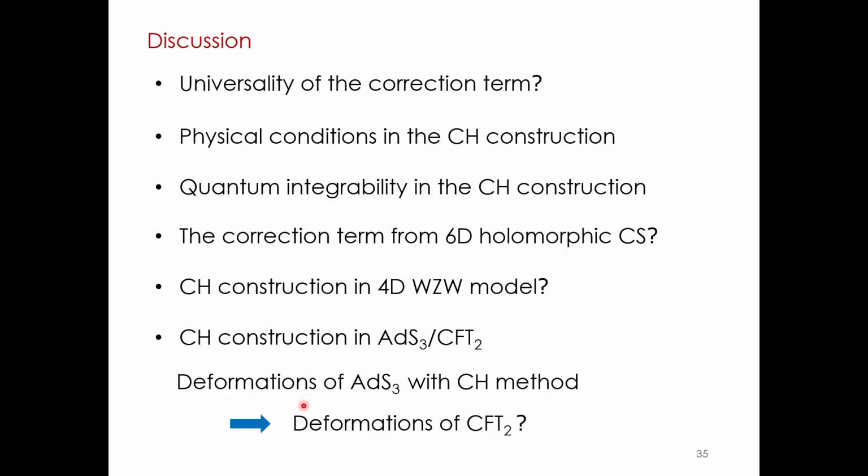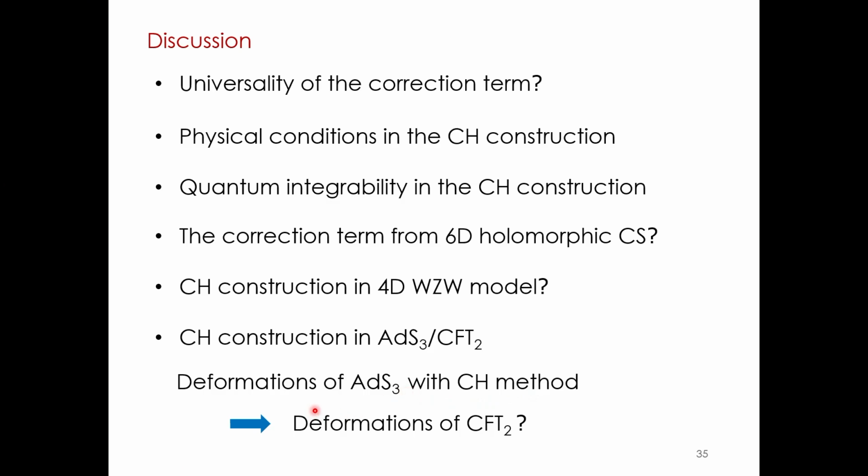Okay, so anyway, as further possibilities, we may consider applications of the Courant-Hilbert construction in the context of AdS3/CFT2. The AdS3 or S3 are described by principal chiral models. So we can consider deformations of AdS3 and S3 based on the Courant-Hilbert method.